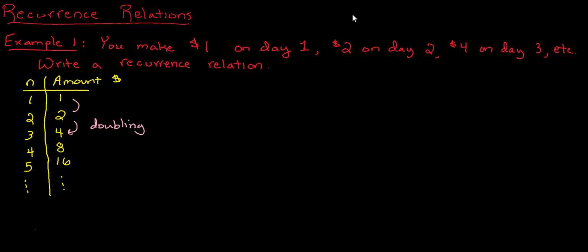And so if I have just in general the amount that I make as a function of n, my day number, what would it be? It would be 2 times the amount I made on the previous day. So let's write this in words.